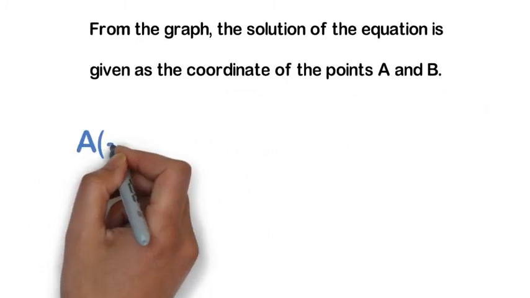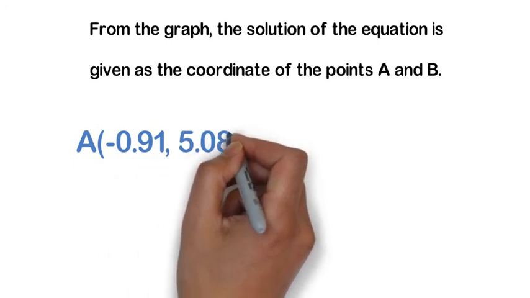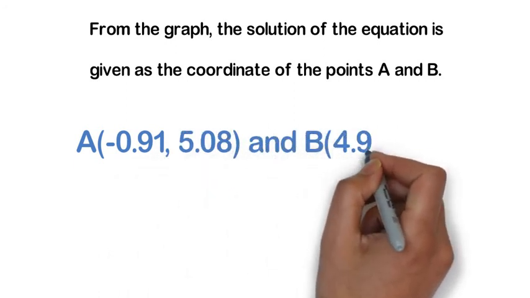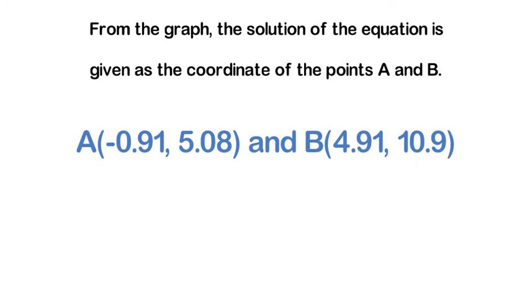From what I've drawn, my coordinate A is x equals minus 0.91, where y is equal to 5.08, and my coordinate B has x equals 4.91, where y is equal to 10.9. So the graphical method is way easier for you to see how things are done. View it on a graph and see how things are done.